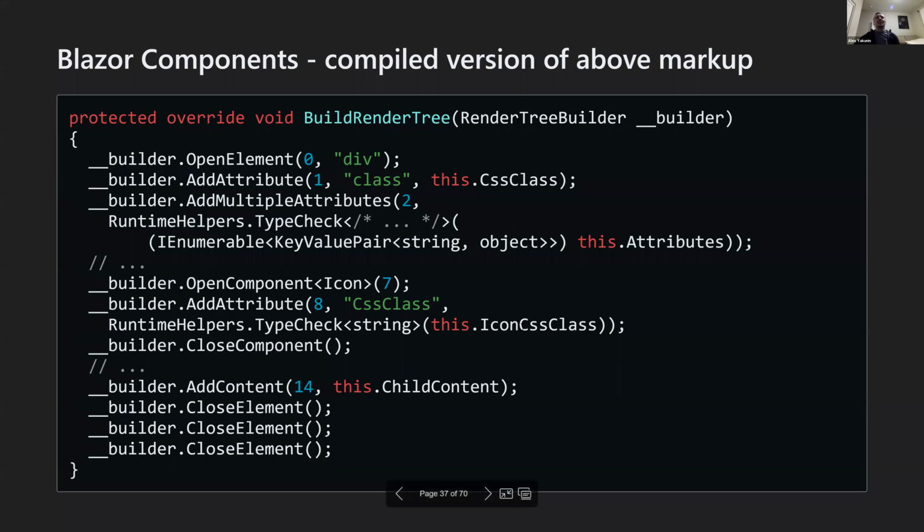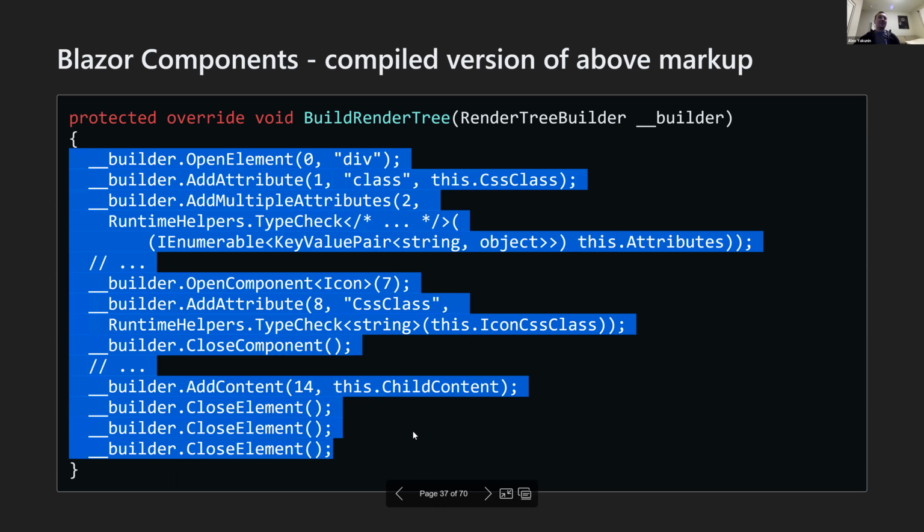And this is what Blazor produces for such components, the code that actually renders them. You may notice that in reality, it builds a long list of elements. In fact, it builds what's called a virtual DOM. And once it's built, it compares it with the previous one and identifies changes. That's how it updates the real DOM.